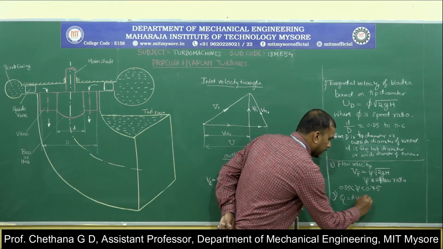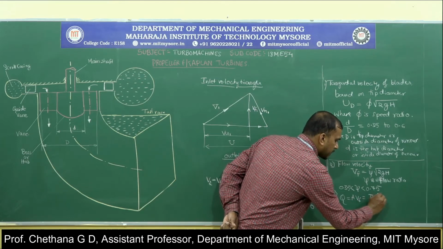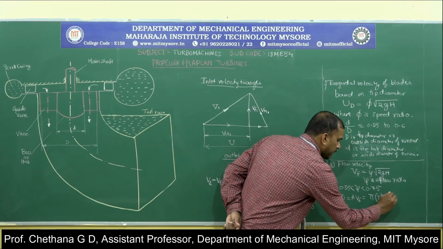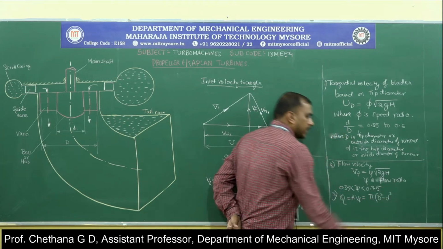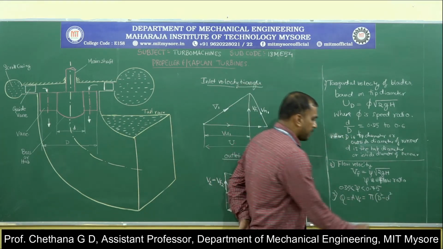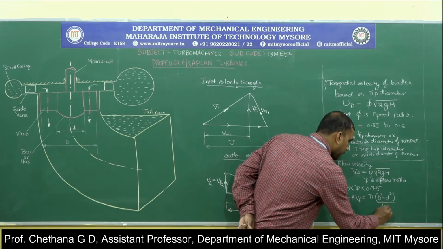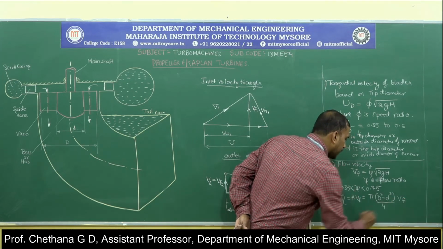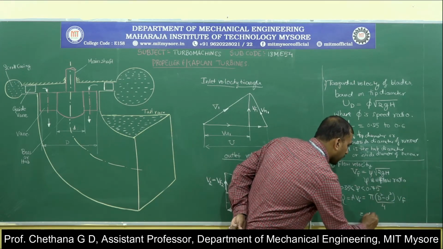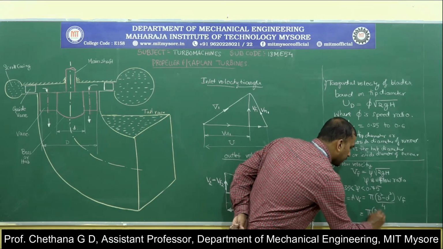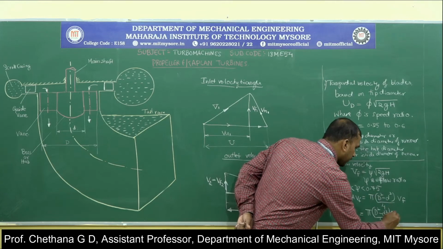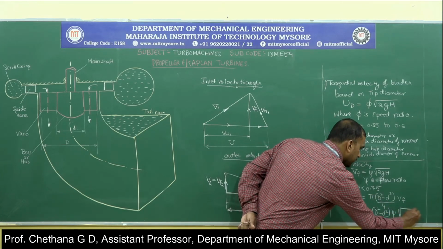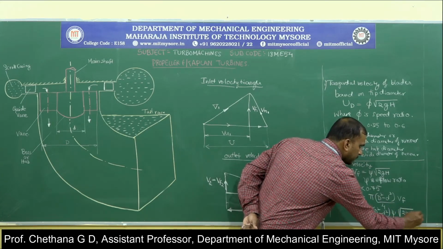Area into flow velocity, where area we discussed is pi by 4 into D square, that is the tip diameter, minus small d square, that is the hub diameter, into flow velocity. Now we have an expression for flow velocity, substitute it here, we get Vf is psi into square root of 2gh.